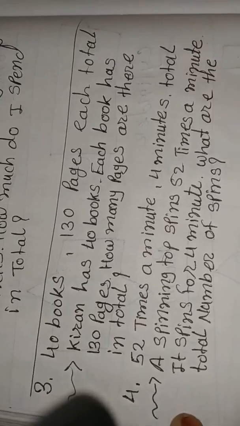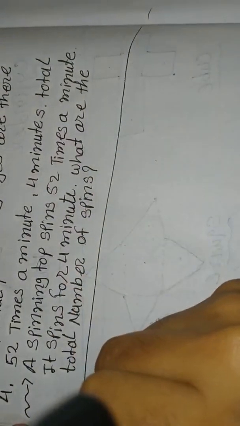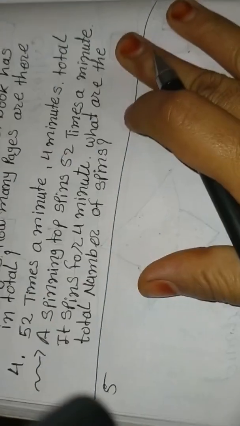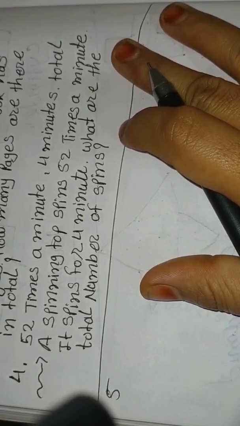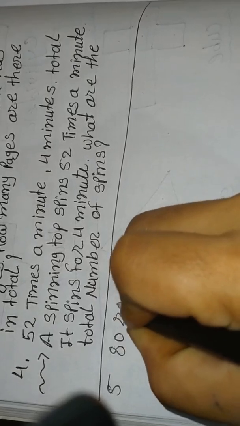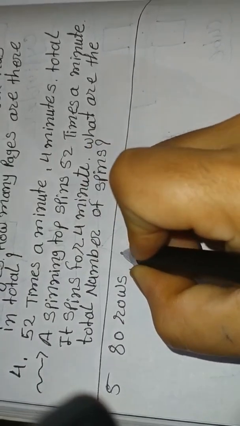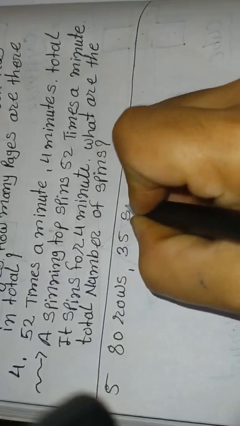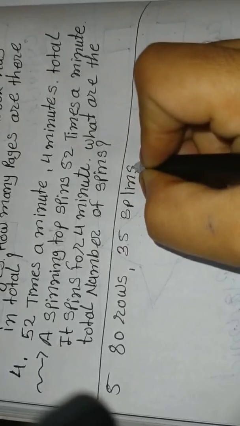Okay students, I hope your work is complete. Now we'll start the next question, the fifth one. The numbers are 18 rows and 35 swings.